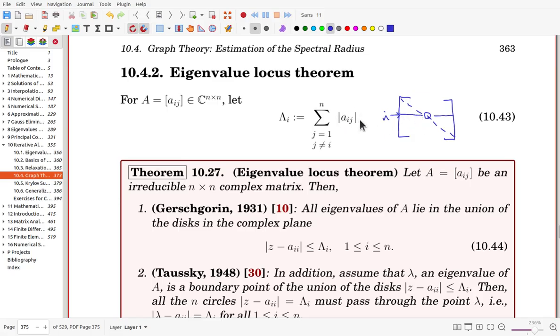First take the absolute value and add them, except the main diagonal entry. That is Lambda i.